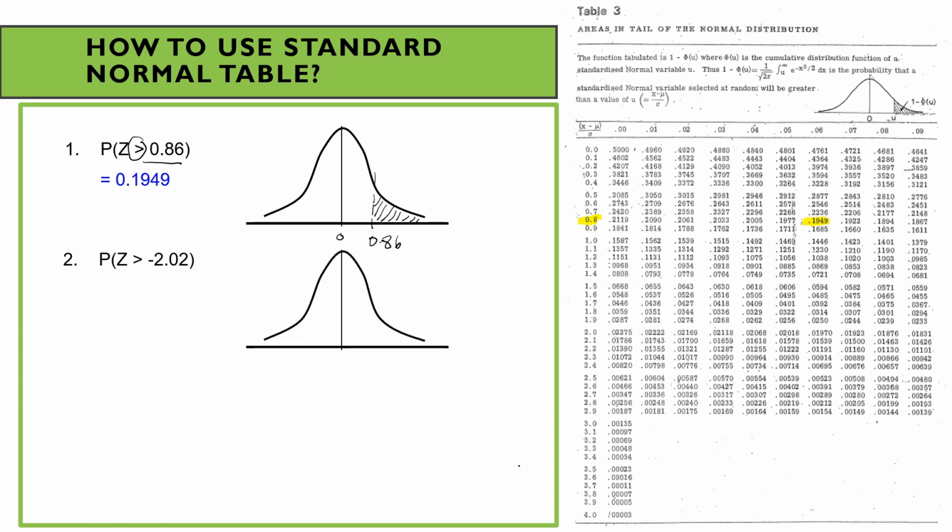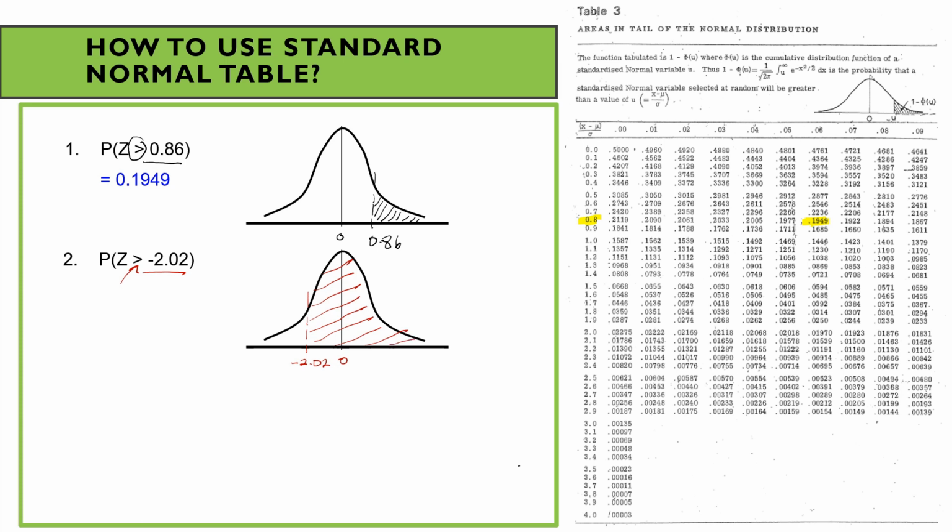Second example. Draw the shaded region. Here is 0, and negative value means to the left. So on the left side, negative 2.02. Next step, the symbol. The symbol here is greater than, which means the shaded region is on the right side of negative 2.02.